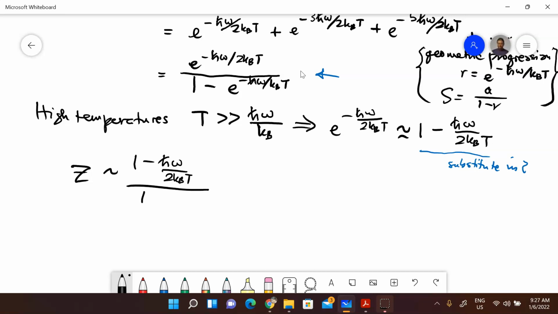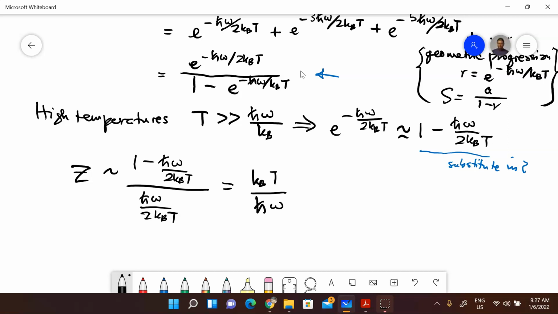So I'm just going to write that. You can do the algebra yourself. And that will give you, should not approximate that, it should be equal to kBT on h bar omega.